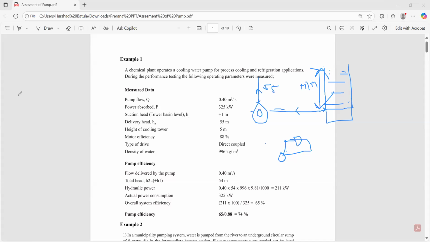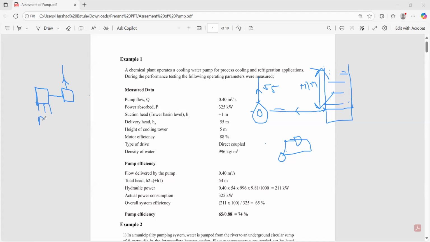Understand, this is your pump. Sorry, this is your input motor. After that, you have a shaft, then you have a pump, and you have a discharge.